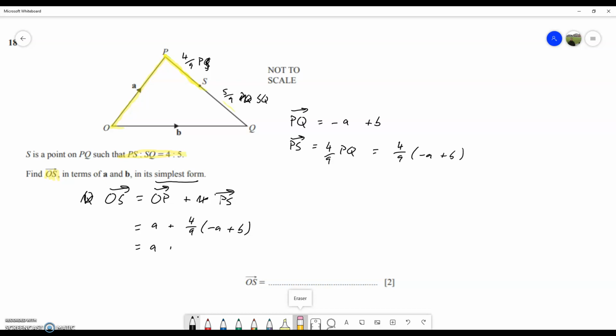So it's A plus 4/9 of A plus 4/9, minus 4/9 of B. So 1A take away 4/9 would give us 5/9 A plus 5/9 of B. So our final answer, O to S, that should be a 4.